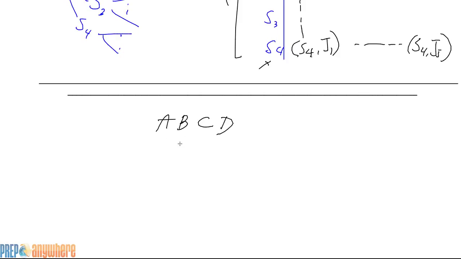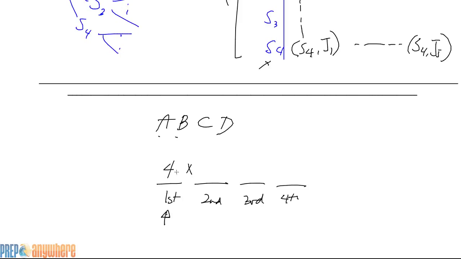That basically boils down to picking letters for 4 different spots: your first spot, second, third, and fourth. These are what I mean by phases. This is your phase 1. How many choices do you have for phase 1? You have 4, because you can pick A, B, C, or D.